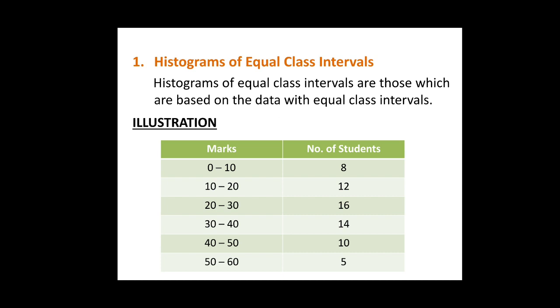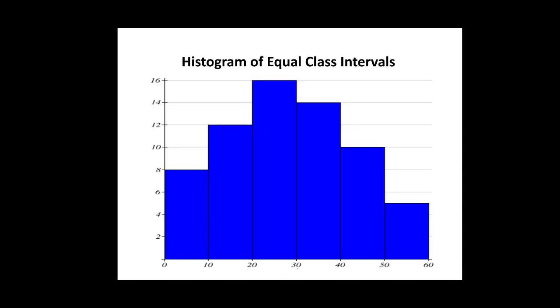Moreover, the data are in form of an exclusive series, that is the series in which the higher limit of one class interval repeats itself as the lower limit of next class interval. So we don't need to make any adjustment in the data set. We can straightly represent it with the help of a histogram as shown in the figure given here.